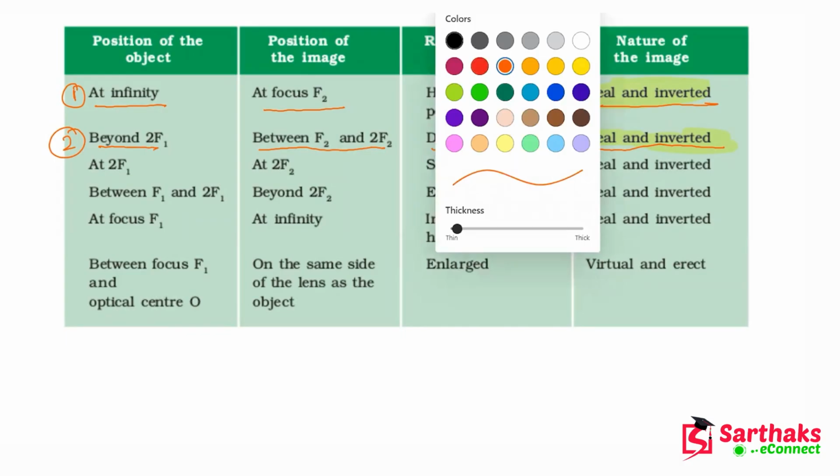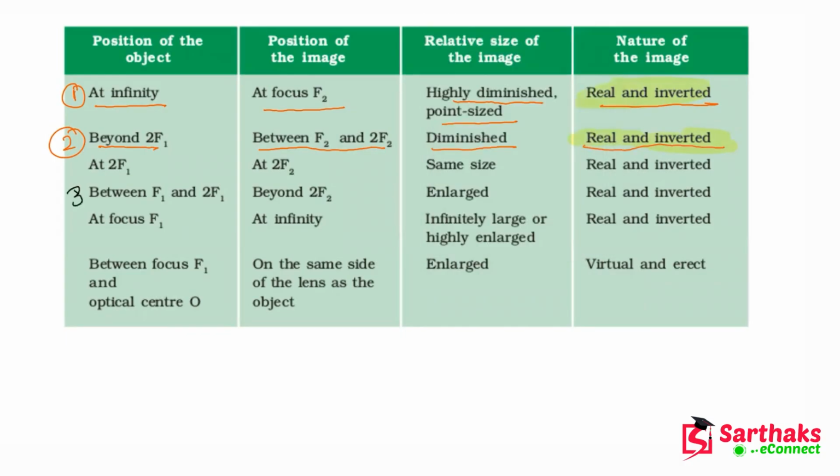Now, let's see the case number third. Sorry, this was the case number third when we had placed the object at 2f1. Now, in this case, the position of the image is at 2f2, and the size is same, and the nature is real and inverted, because in these five cases, all these five cases, the image nature is real and inverted because rays are actually meeting.